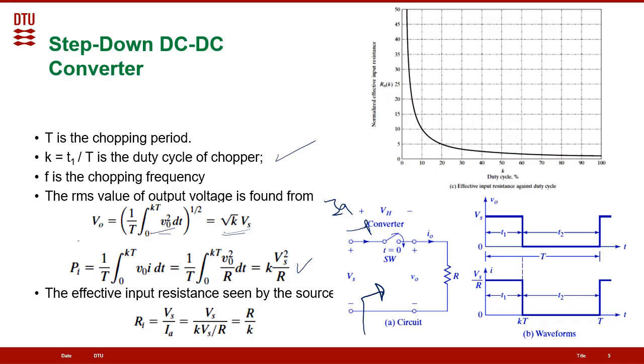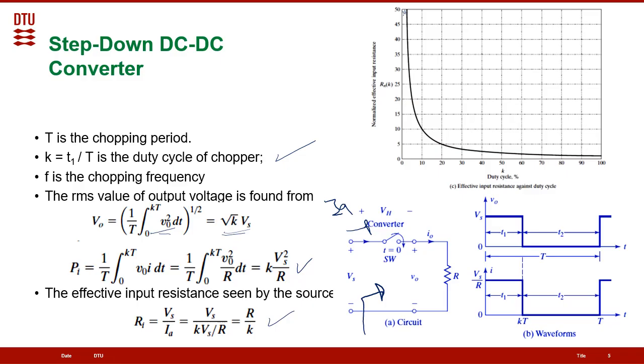We can see that now the input resistor will equal R over K, which means that if the duty cycle is very small, or the switch is off all the time, the resistor seen from this side would be very high. As the duty cycle increases up to say 100%, it means that the switch is on all the time.